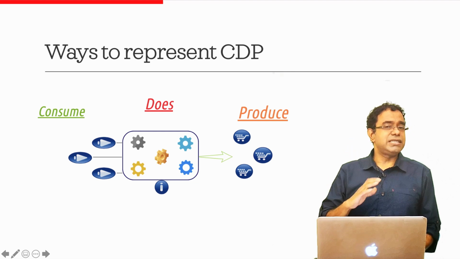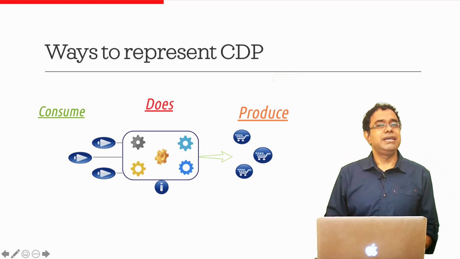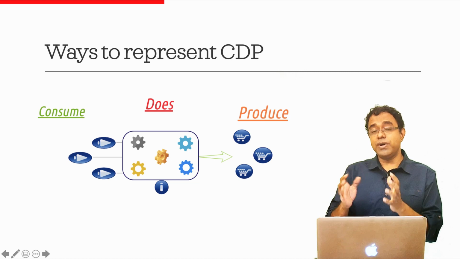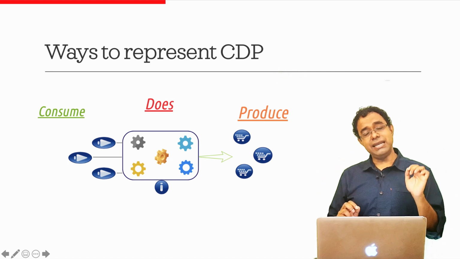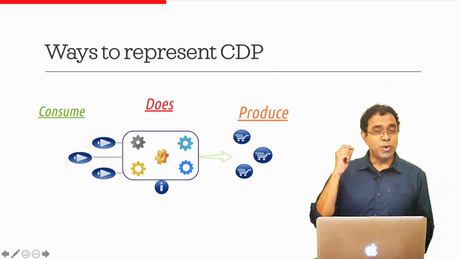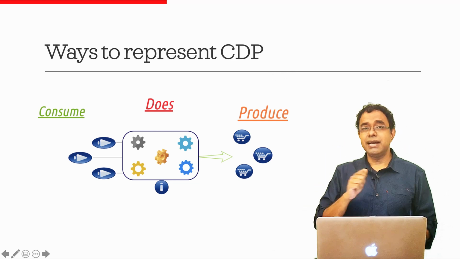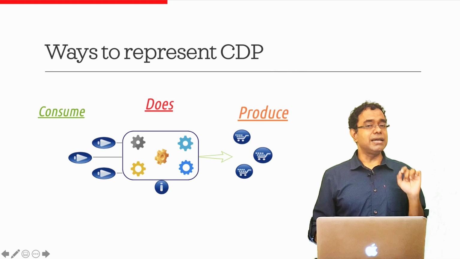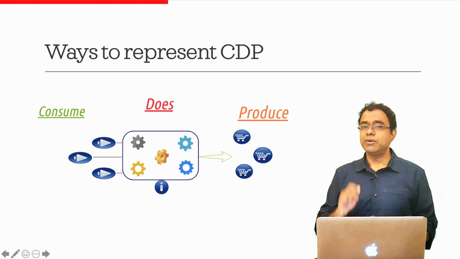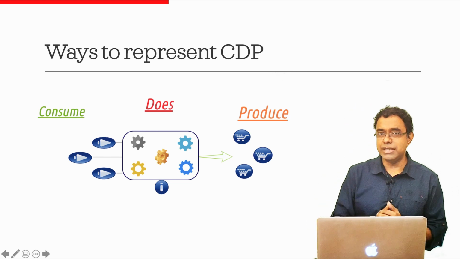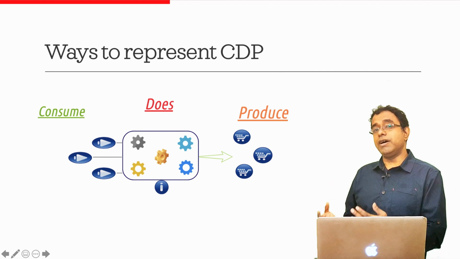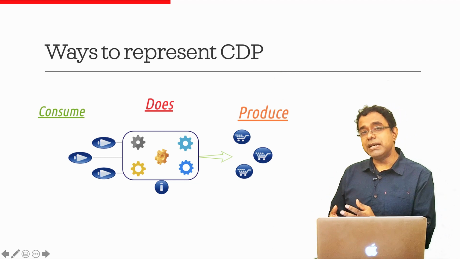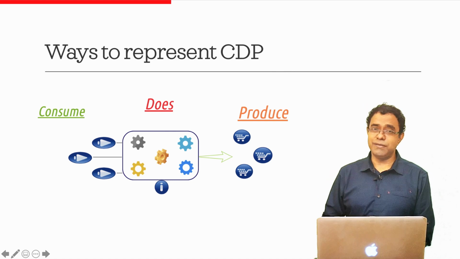This is the simplest possible picture one can draw because it has only one square or rectangle with a couple of arrows: what it consumes, what the rectangle does, and what it produces. It can consume one or more things or produce one or more things. This is how the CDP visual requirement model will depict the requirement of a software.